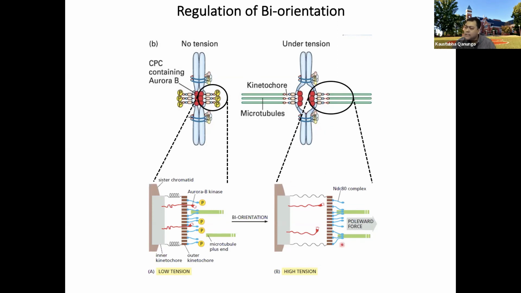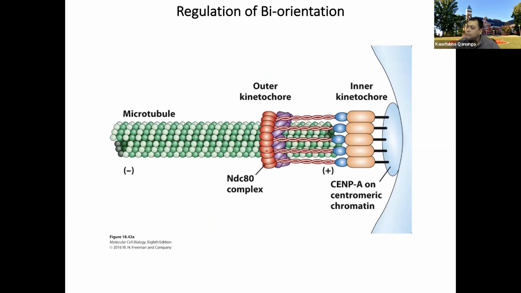Due to this, the Aurora B kinase no longer can reach this NDC80 complex. Remember that the NDC80 is the outermost complex, and it needs to be within the distance of the Aurora B kinase. And with the phosphorylation, it will not be able to develop this pulling force that much.